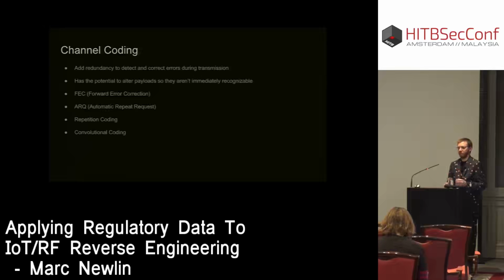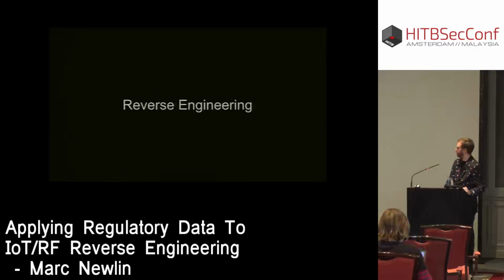One thing to note from a reverse engineering standpoint with channel coding is that if you're using a convolutional code, for example, the bits transmitted over the air will not look like the original payload. And so if you're looking for the original payload in this demodulated data, you may not see what you're expecting if channel coding is used.